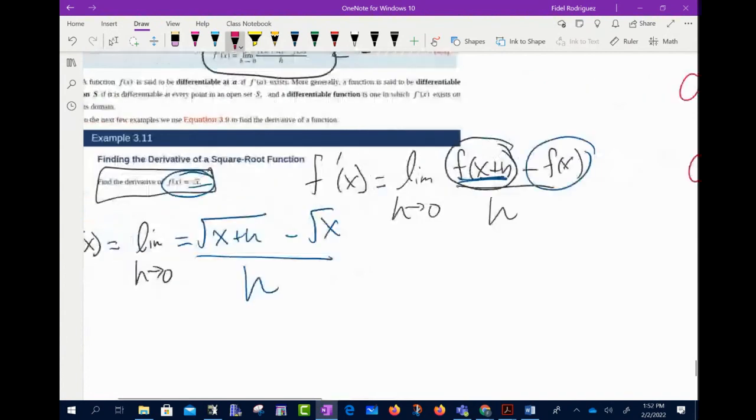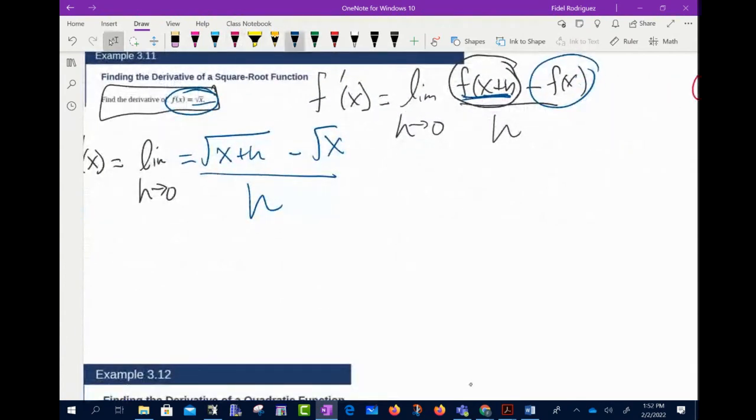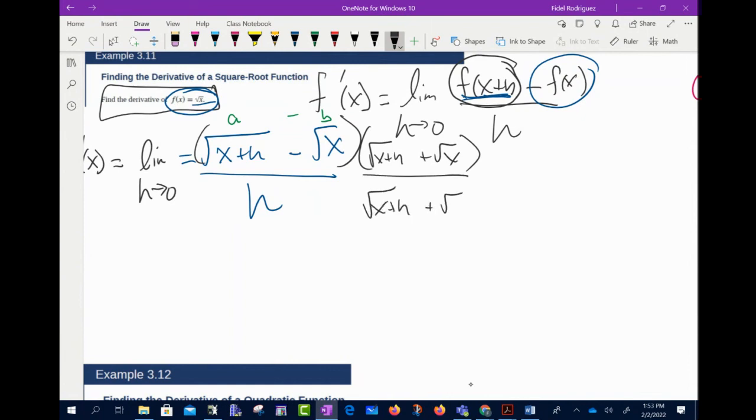Okay? So what I mean by that is when I look at this part right here, I'm going to think about that as my a and that is my b. And look what we have in the middle. We got a minus, right? So what we're going to do here, y'all, is multiply the top and the bottom by the square root of x plus h plus the square root of x, both upstairs and downstairs.